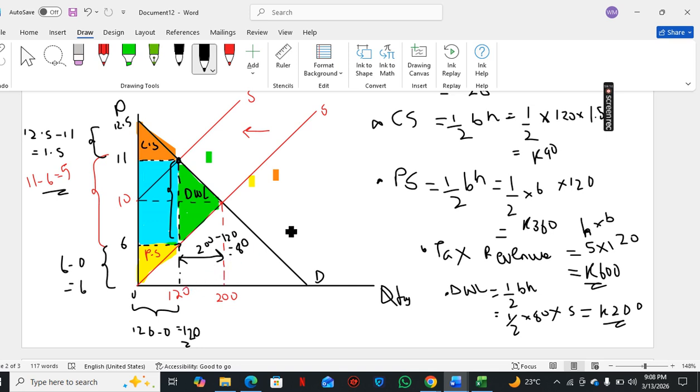So the height is 80. And the base of this triangle, from 11 to 6 is 5 units. So that's how you deal with taxes.